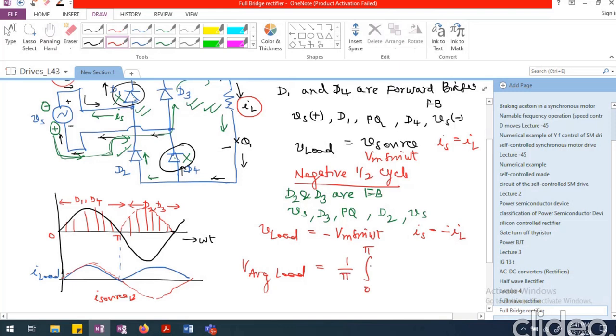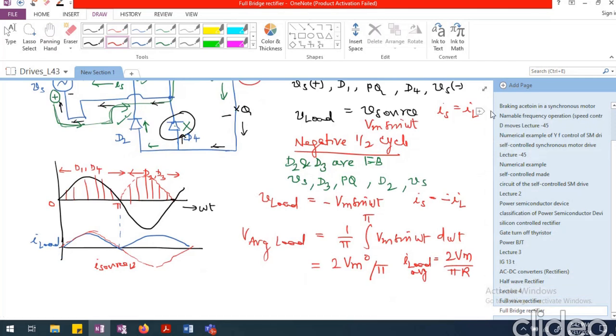This is 1 by pi integral of Vm sin omega t d omega t, and we get exactly the same average voltage as in the center tap rectifier. So this is 2 Vm divided by pi, and I load average will be 2 Vm divided by pi R.